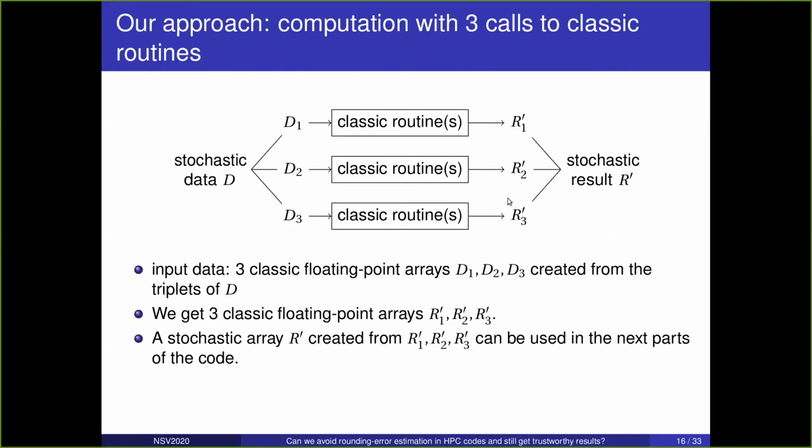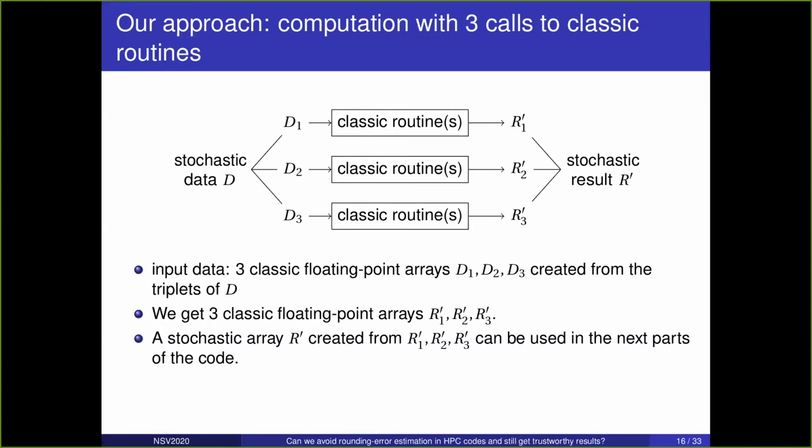So now we want to perform the computation with 3 calls to classic floating point routines. So we have the stochastic data D, and from D, we will create 3 classic floating point arrays, D1, D2, D3.